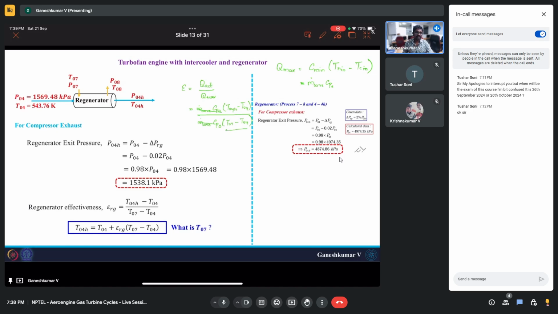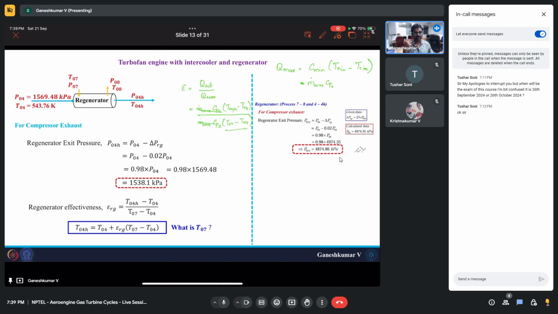You can do the same thing for the intercooler also, and see for yourself how you get the effectiveness. Coming back, this TH in here is nothing but T07, and we cannot know T07 at this point of time because it's coming from the outlet of the low pressure turbine. So we don't know how to solve this equation. That is one problem.